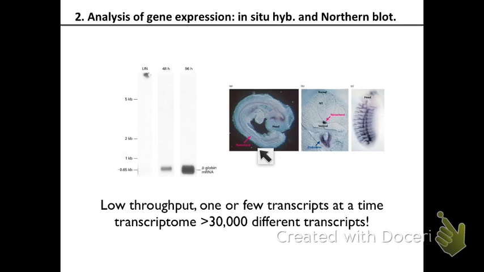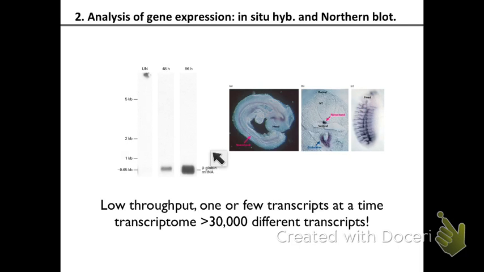You also saw in situ hybridization, which is another technique that depends on complementary annealing of your probe, which is labeled differently, and you can study, again, one gene at a time. Here, you load the whole total RNA on a gel, so you have absolutely no spatial information.